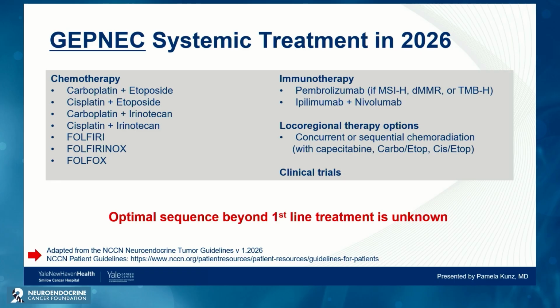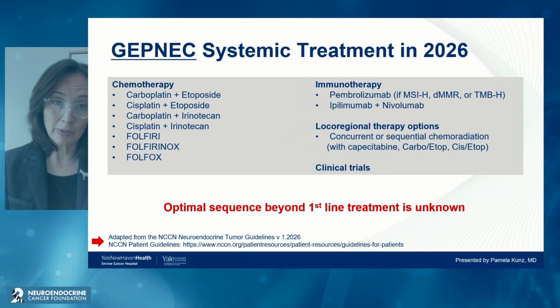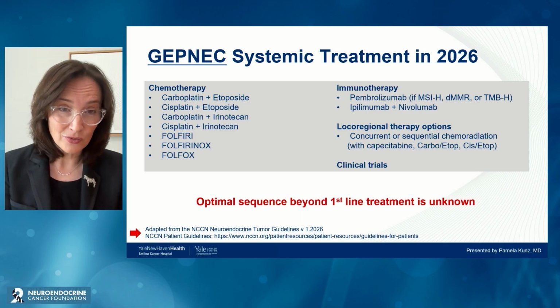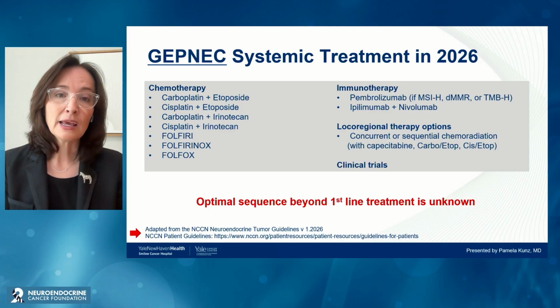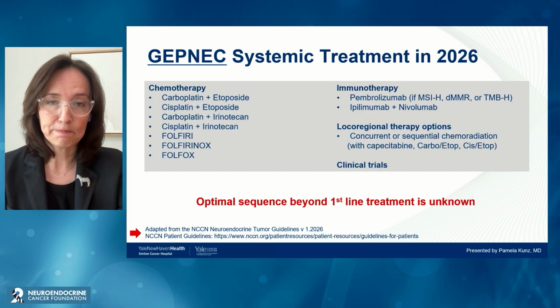Occasionally we will use local regional therapy options such as radiation. But again, that's very patient specific. I didn't mention when we talked about NETs, but clinical trials are always part of this conversation. And if we think back to that toolbox analogy, when I am talking with patients about a new treatment or a change of treatments, we'll always talk about standard of care options and clinical trial options.